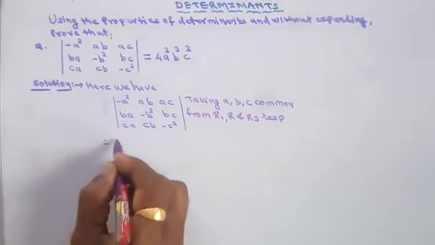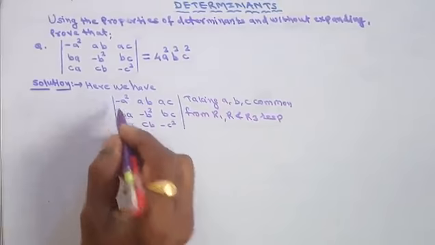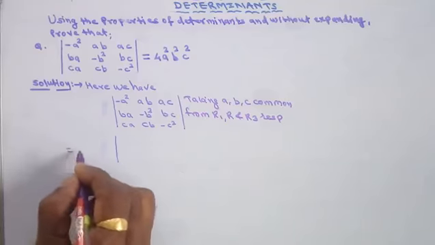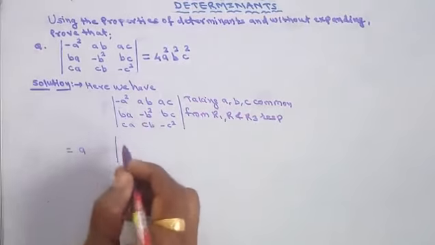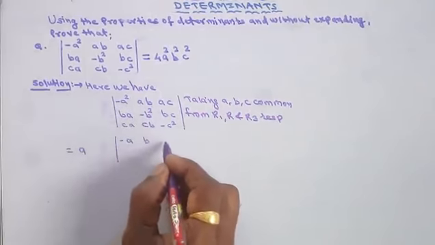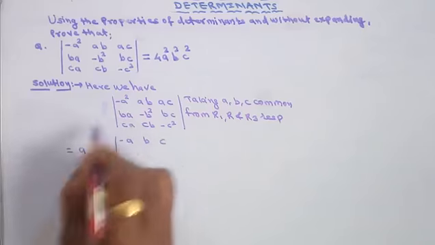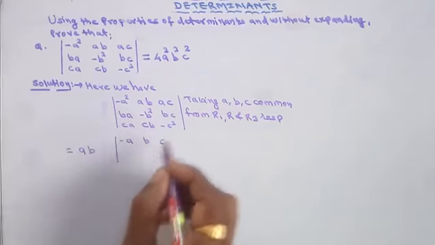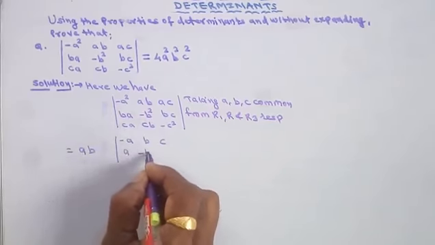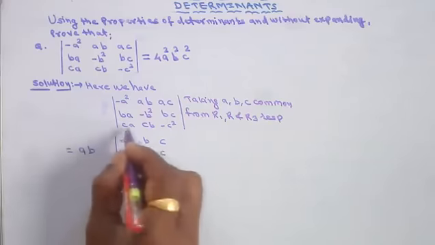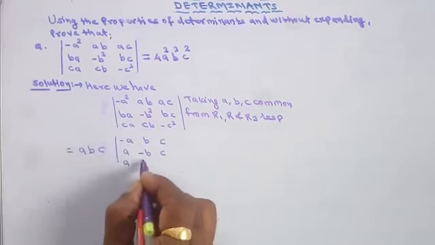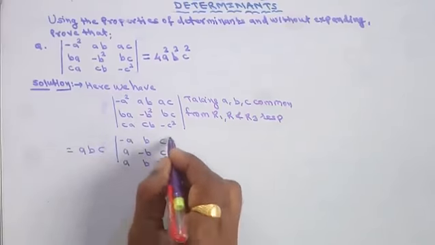See what happens. Taking a common from the first row, you get minus a, b, c. Take b common from the second row, so it will be a, minus b, c. Take c common from the third row, so you will get a, b and minus c.